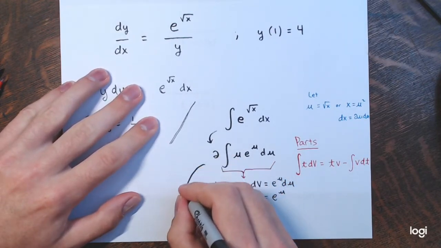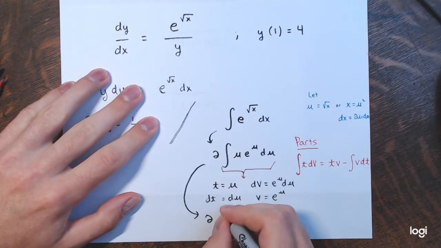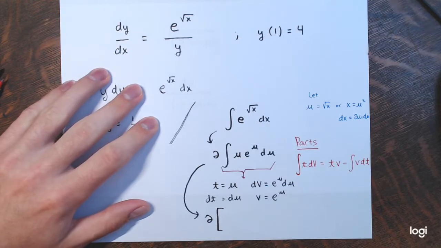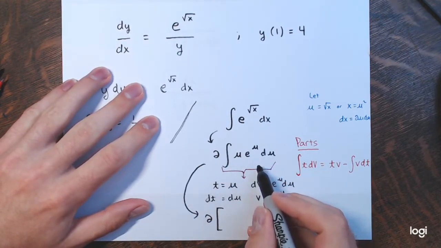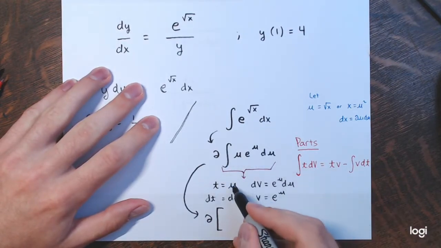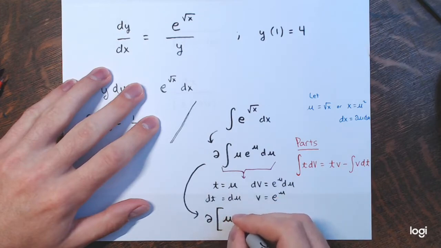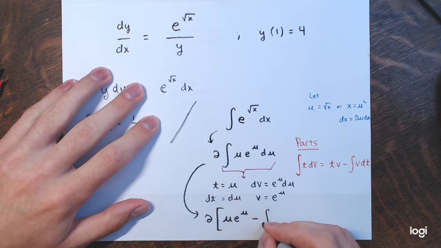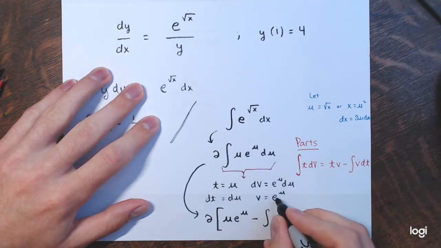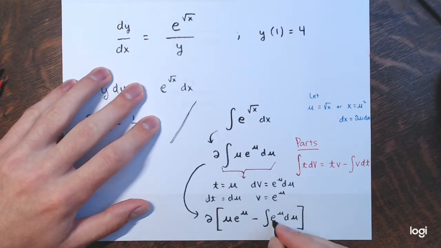Taking this down here now, this is 2 times the quantity, and then this integral I'm rewriting with the parts formula. It'd be tv, so u times e to the u, minus the integral of v dt, e to the u du, and that's an easy one. That's just e to the u. And then I'll distribute the 2.